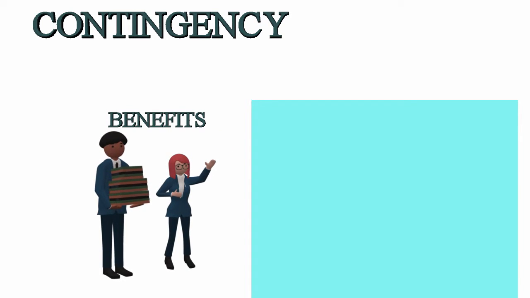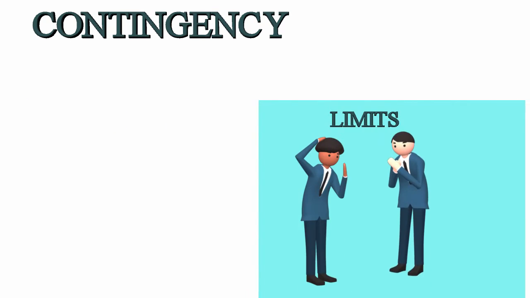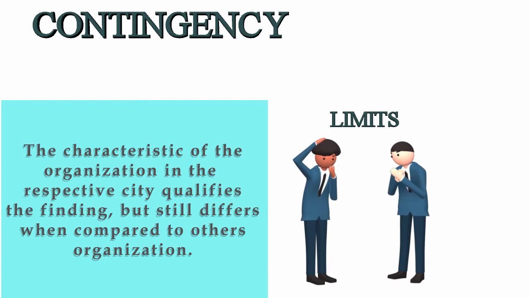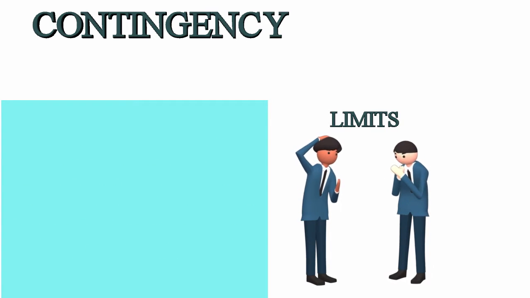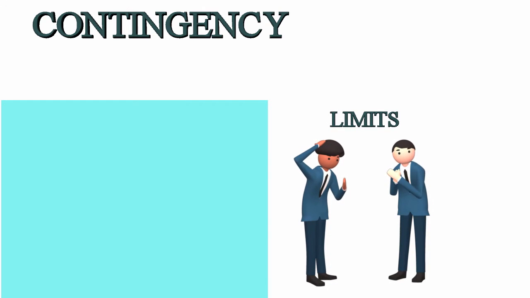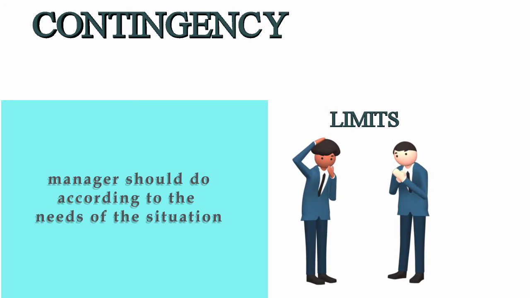Some of the limits are that the characteristics of the organizations in the respective studies qualify the findings, but this may still differ when compared with other organizations. The suggestion of the approach is very simple. That is, managers should do according to the needs of the situation.